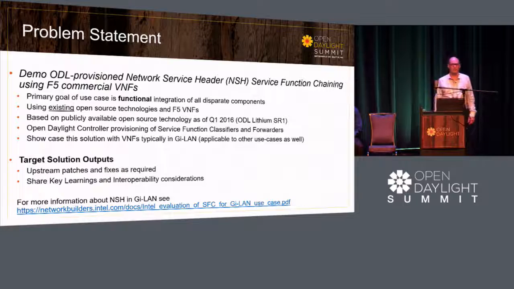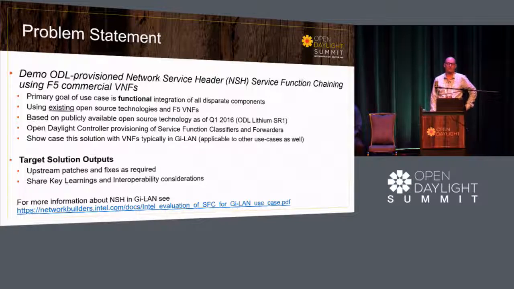So Gi LAN, for some of you that aren't aware of it, is basically the mobile service provider packet data network between the packet gateway and the external service provider network. The VNFs that we did put into this solution are ones that are typical in that space. There are also other areas where VNFs are applicable, both in enterprise networks and service provider networks, that can provide technology advantages and applications to different use cases that you might run across.